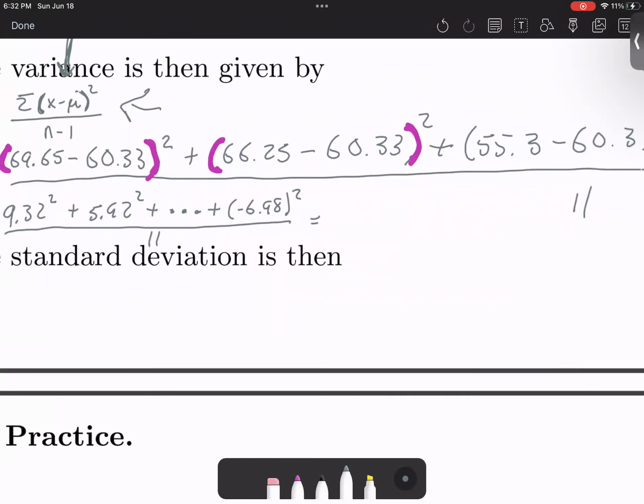Okay, next step in the order of operations is to actually tell ourselves what these squared values are. So 9.32 squared gives me 86.86. The 5.92 squared gives me 35.05. And we do this for all of them until we get to the last one, minus 6.98 squared is 48.72.